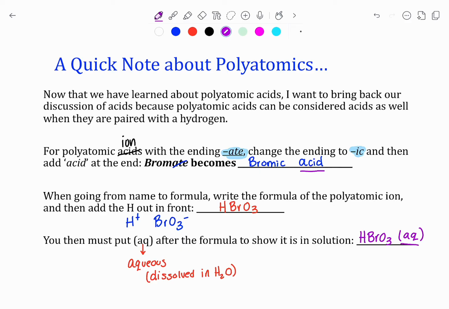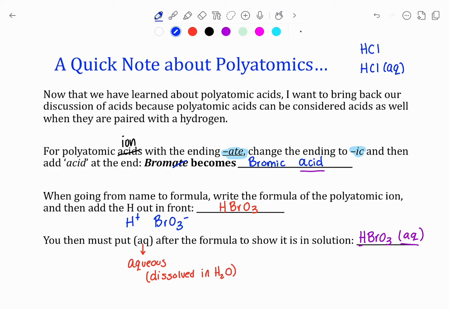If you see the AQ at the end and you have that hydrogen out in front, then you know it's going to be an acid, so when you name it, you need to put acid at the end. We talked about this a little bit earlier when we were talking about covalent compounds and naming of acids. HCl by itself would be hydrogen chloride, whereas HCl(AQ) would be hydrochloric acid. So that's the notation that we're looking to see.